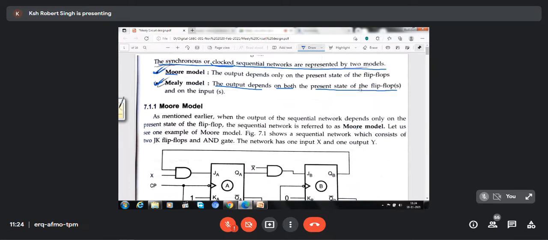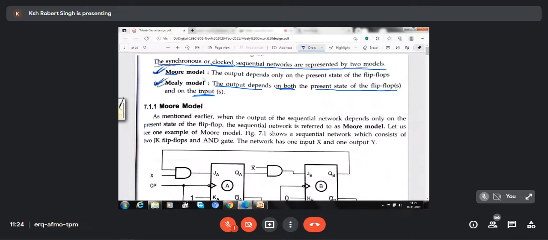If a JK flip-flop's QN is 1, then it will always remain 1 unless and until another clock pulse is given or the input is changed. It will always remain in the present state that you know already. So Mealy circuits are those circuits for which output depends on both the present state of the flip-flop and the input.